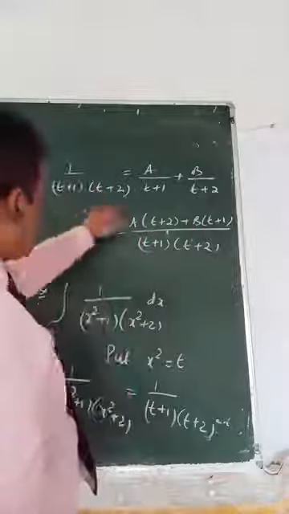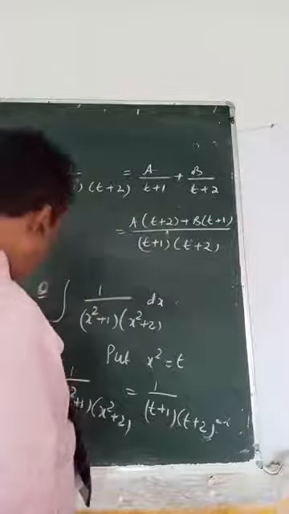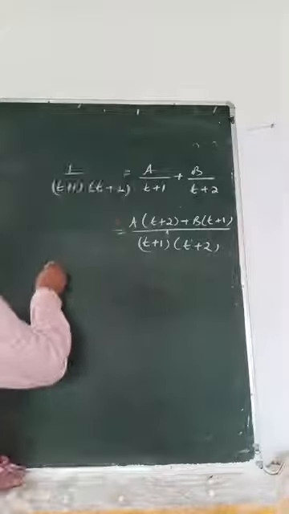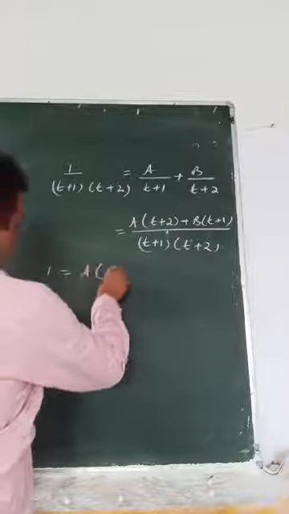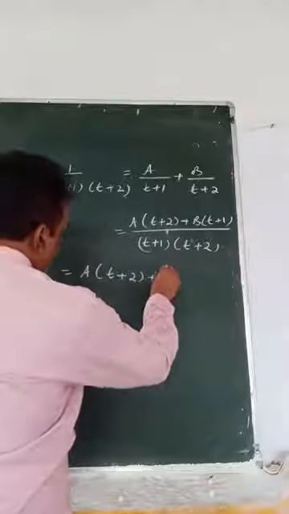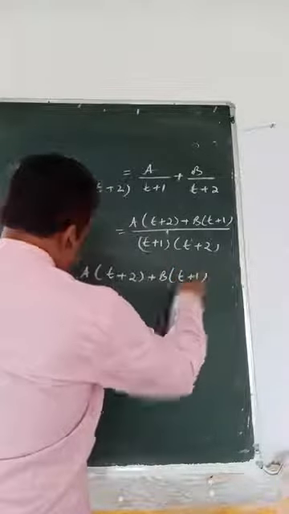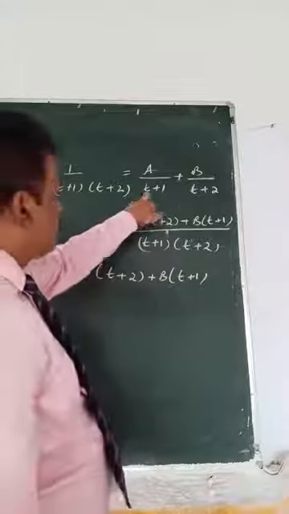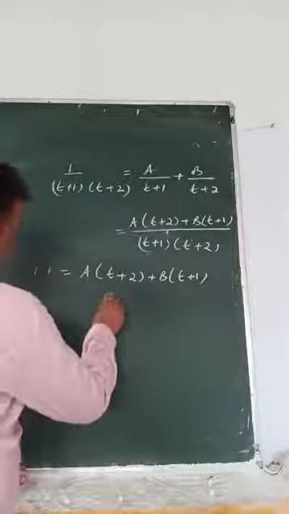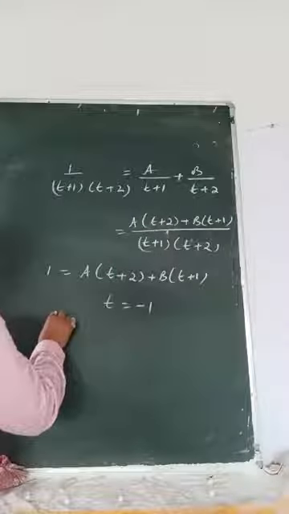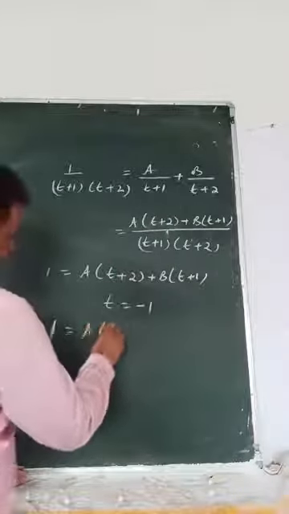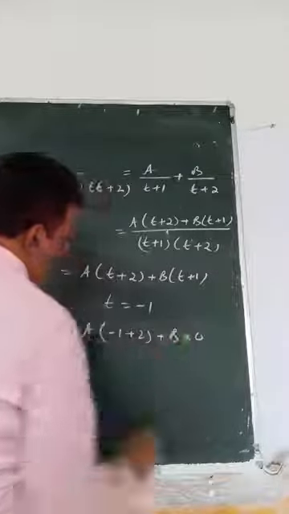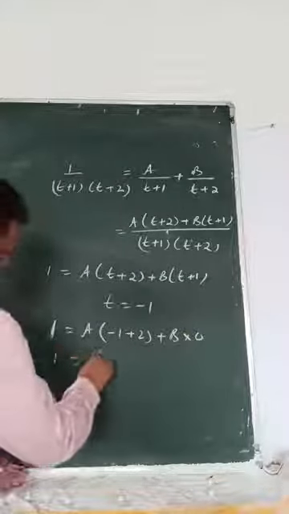Now the denominator is same, so numerator equals numerator. So 1 equals a into (t plus 2) plus b into (t plus 1). Now make it 0. Put t equals minus 1. 1 equals a into (minus 1 plus 2) plus b into 0. So 1 equals a.